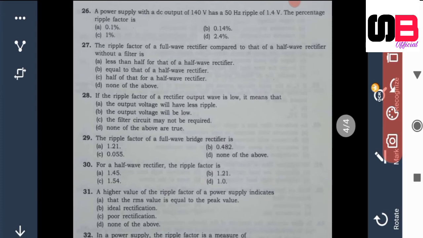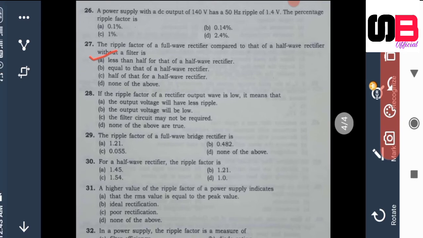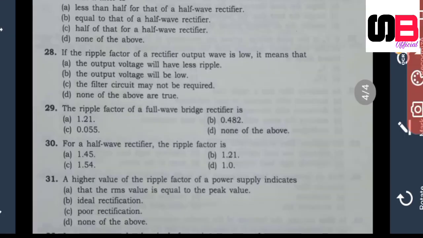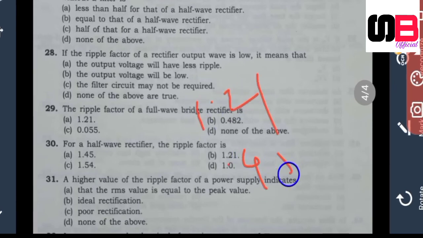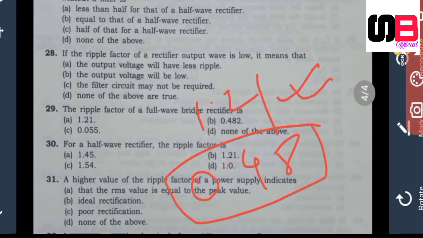The option is A, less than half of that of the half wave rectifier. For a half wave rectifier the value of ripple factor is 1.21, and in case of a full wave rectifier it is 0.48. So the value is less than that of the half wave rectifier. So the answer is option A.